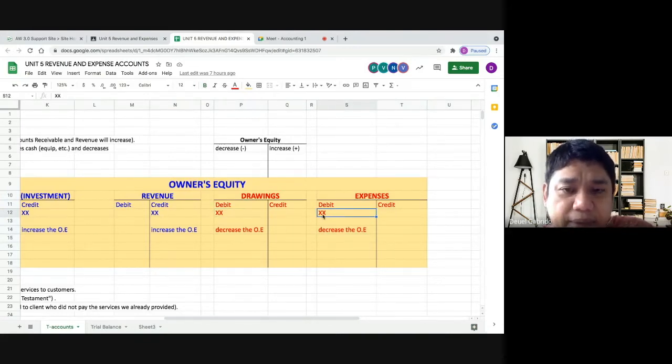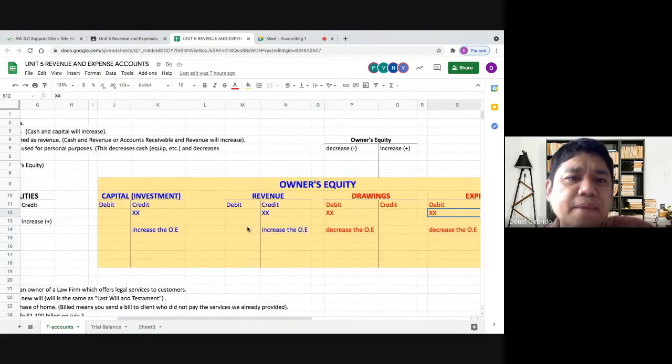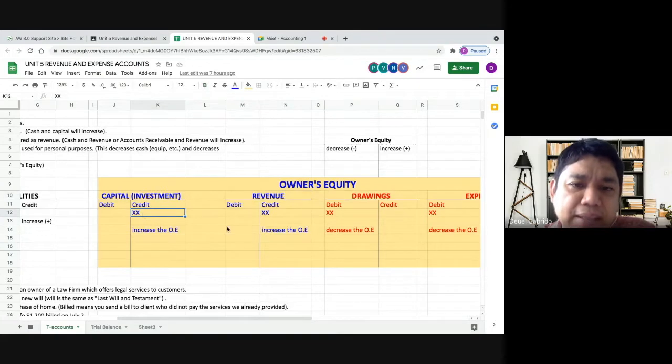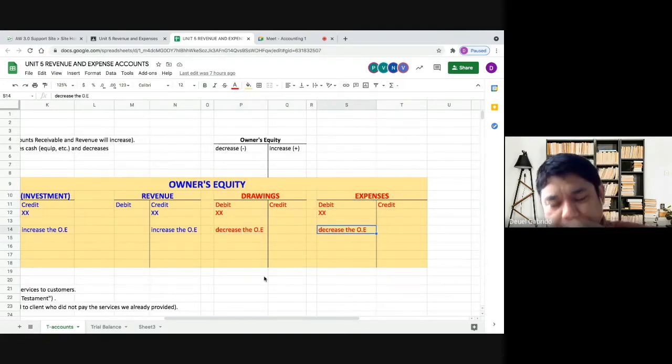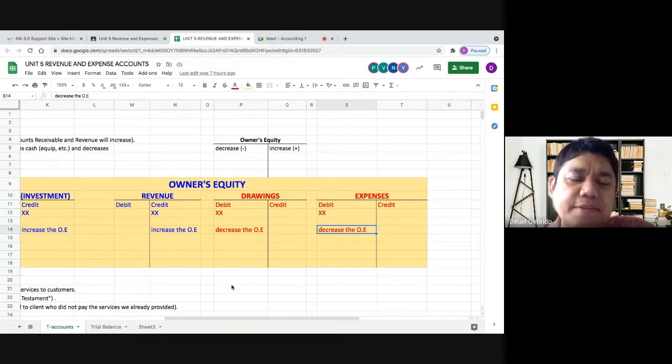So again, capital or investment and revenue, you put them on the credit because they both increase the OE. While drawings and expenses, you put them on the debit because they both decrease the OE. Any questions so far? So far, so good?